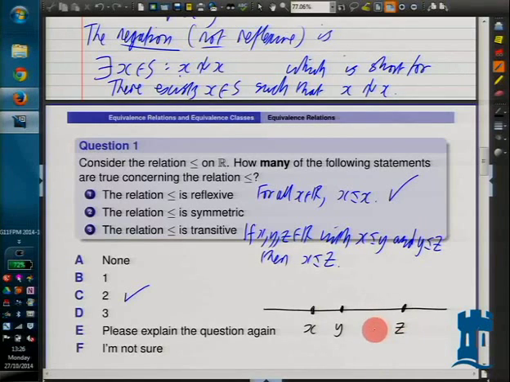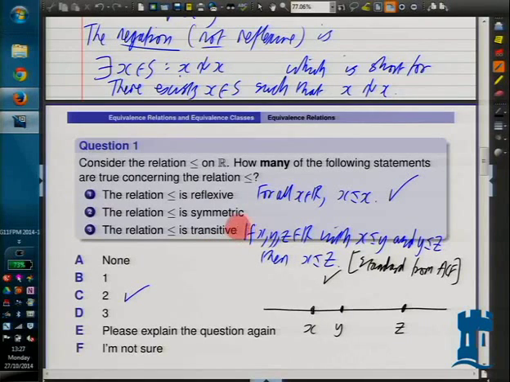So this one is true. So we'll say this is a standard from ACF. Okay? And the middle one is the one that fails. It's not symmetric. And this is the one that can cause a bit of confusion because you need to give an example. So that means I need to find an x and y where x is less than or equal to y, but y is not less than or equal to x.